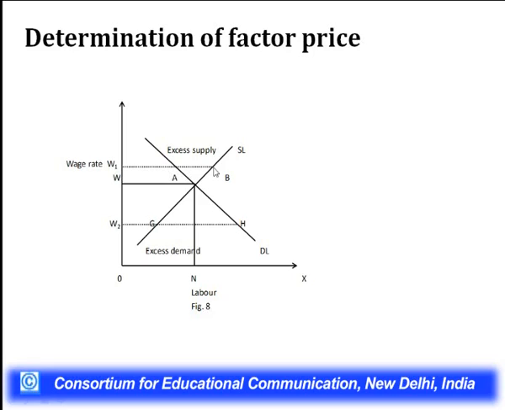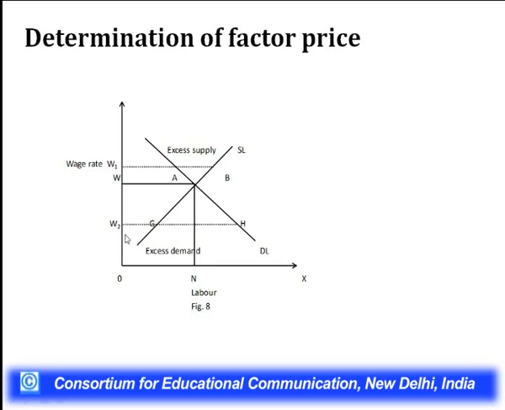More people are willing to work at this wage rate, but the demand is less. So there will be excess supply of labour. There will be competition among the workers, and this would lead to a fall in the wage rate from OW1 to OW.